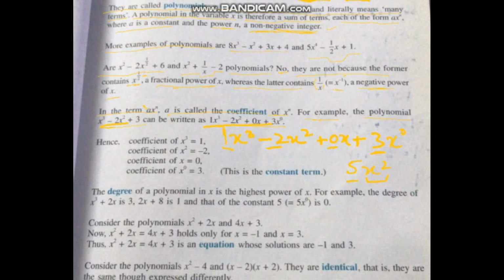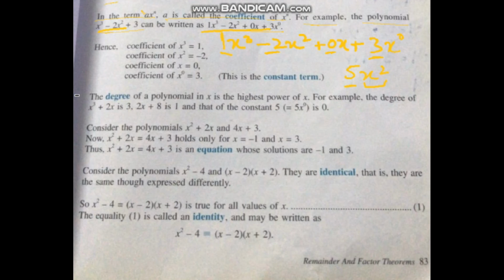What is the coefficient of x cubed over here? If your answer is 1, then you are correct, because we don't usually write 1, so x cubed means 1x cubed. In the same way, if I ask you what is the coefficient of x over here, your answer should be 2.